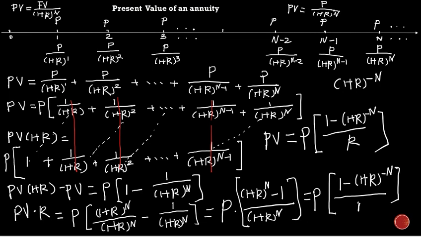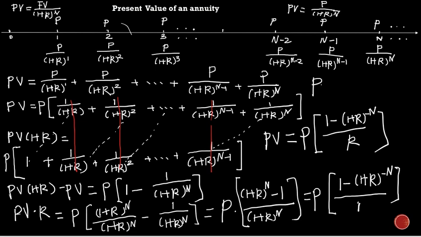If we want to figure out the periodic payment of a loan, we need to reverse this formula and calculate P. We just reverse this equation. It's pretty easy.